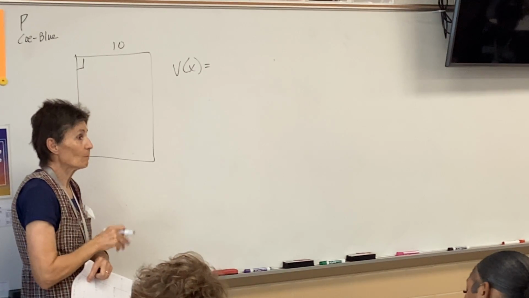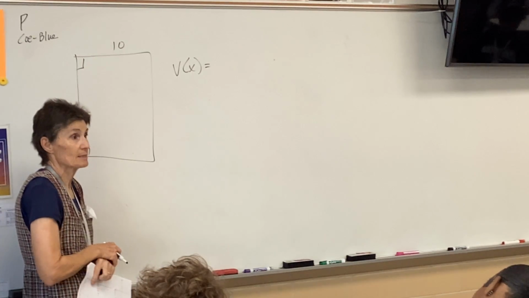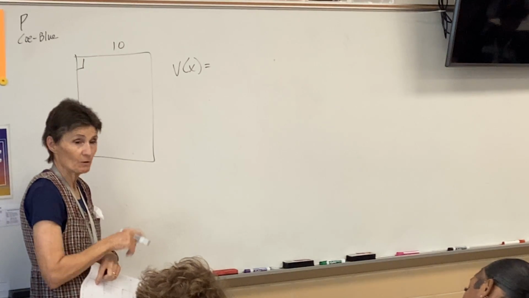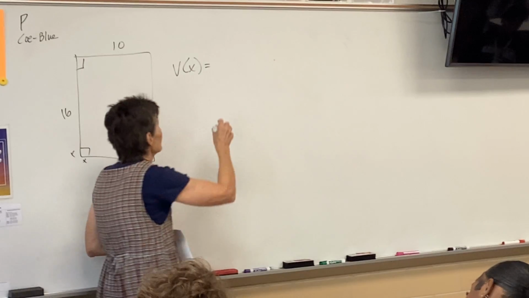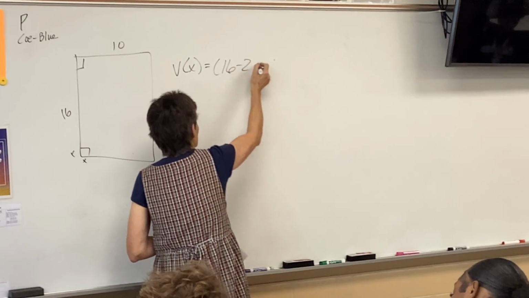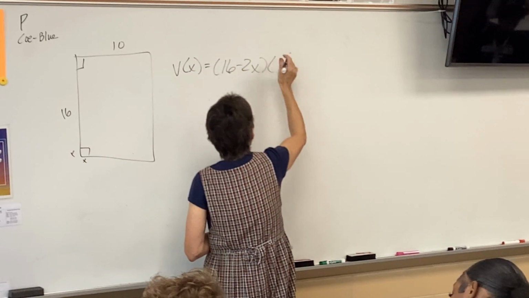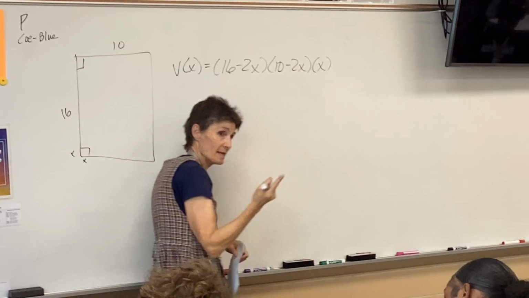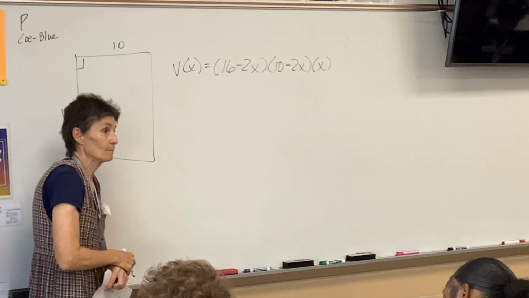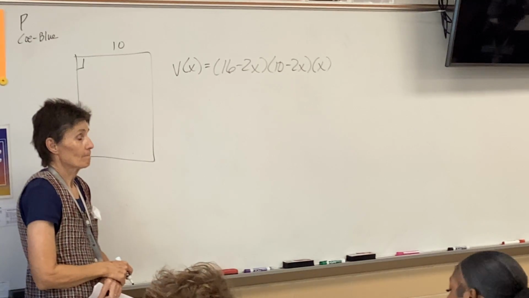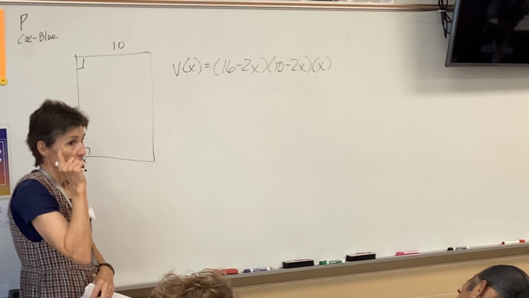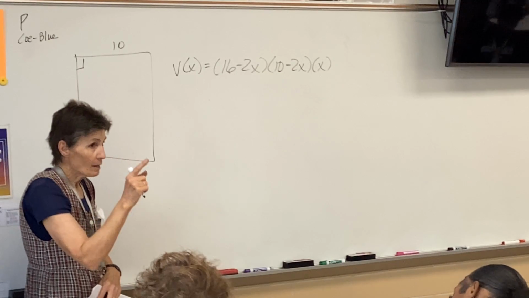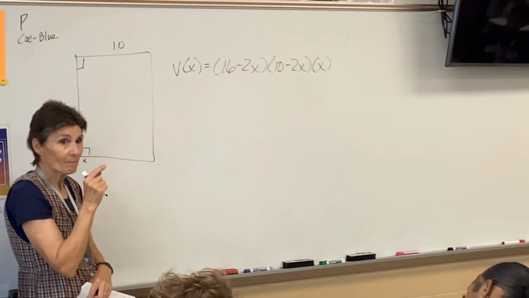Okay, so Maya can't remember, so she's flipping back, which is exactly what y'all should be doing if you can't remember. 16 minus 2x times 10 minus 2x times x. Are you the one that told us that yesterday? That's what I thought. I wish that was obvious to you.